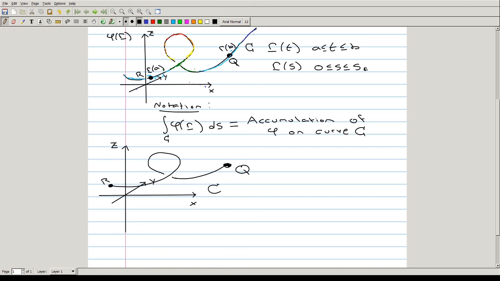So what we consider is a partition of the parameter space.